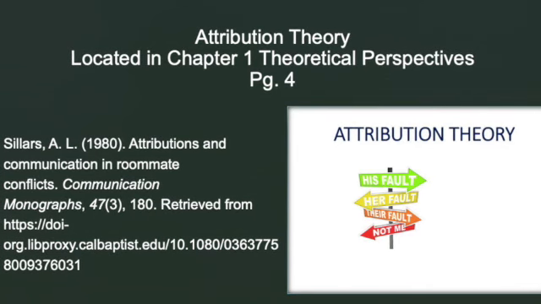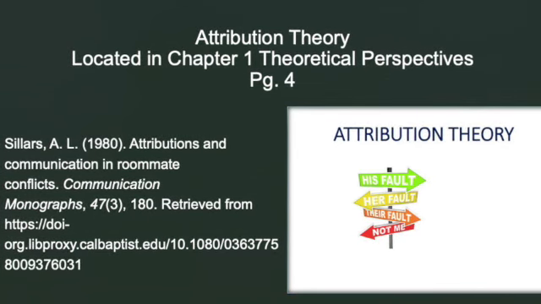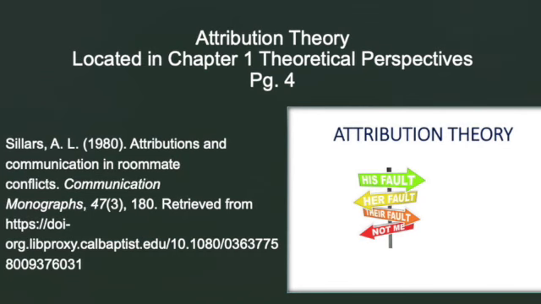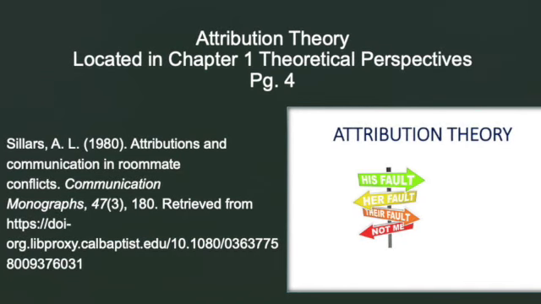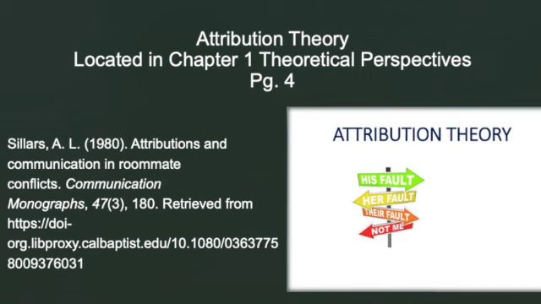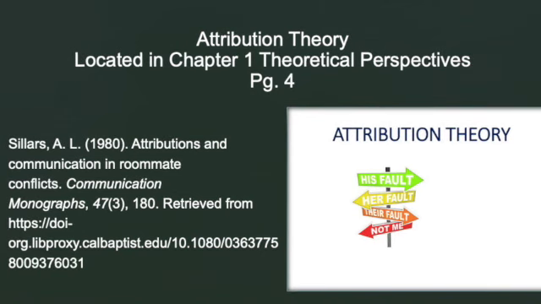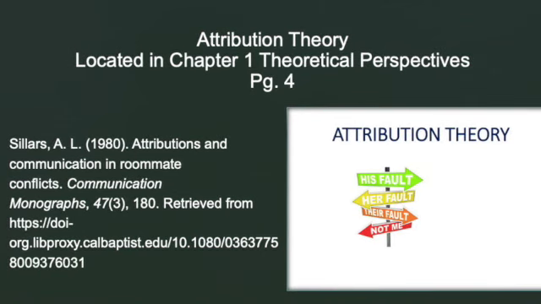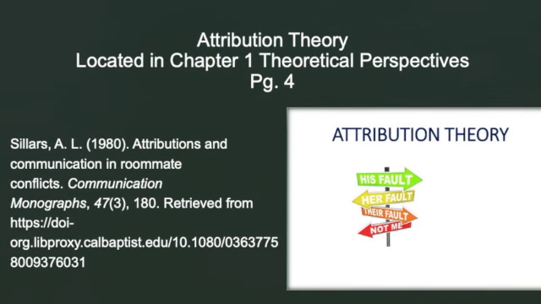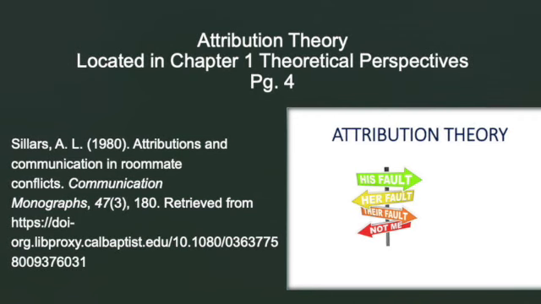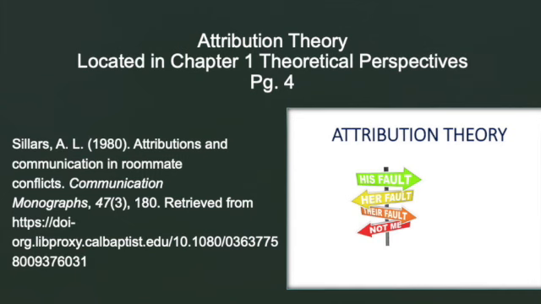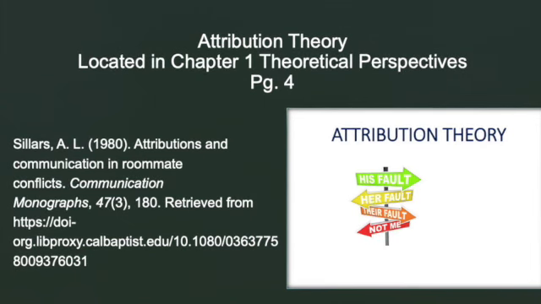In the article, Siller uses college roommates as examples. One college roommate decides that the other roommate has a bad personality and that can't be fixed and should just be ignored. And so in this case, the roommate, as Siller states, has entered an implicit theory of the conflict.